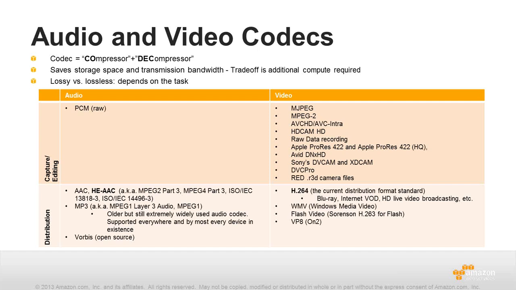So typically there are two kinds of codecs people use, lossy and lossless. Lossless means that you can compress the file down some amount, and when you decompress it, you'll still have all of the information that was in the original source file. And then lossy is a compression type where you do lose some of the information. So the quality is impacted a little bit in the lossy compression.